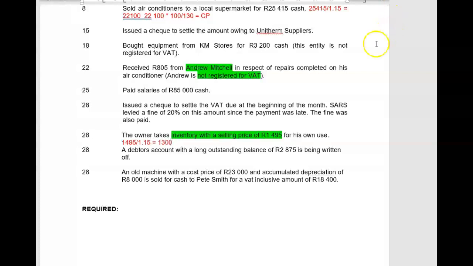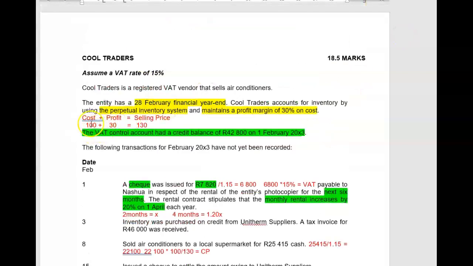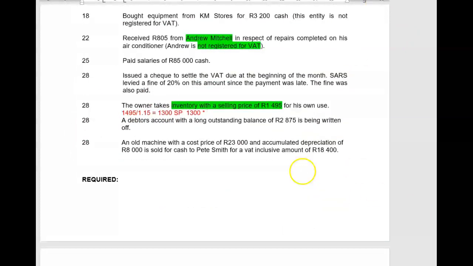Now we can start working with that. 1,300 equals the VAT exclusive selling price of an item. If we want to adjust our inventory record, what do we have to adjust it with? With a cost price. Can we convert the selling price into a cost price? Yes, we can, because we have our normal profit formula. There it is. Times 100 divided by 130.